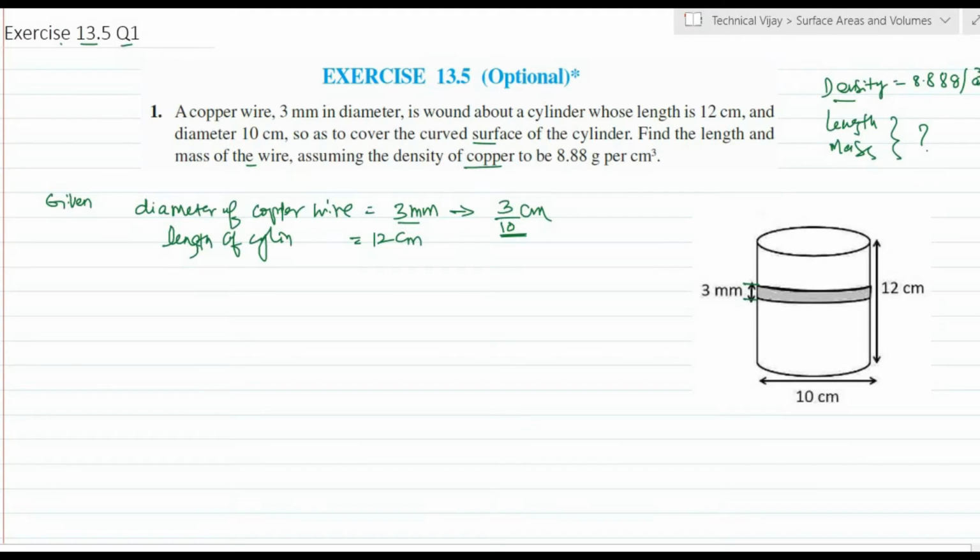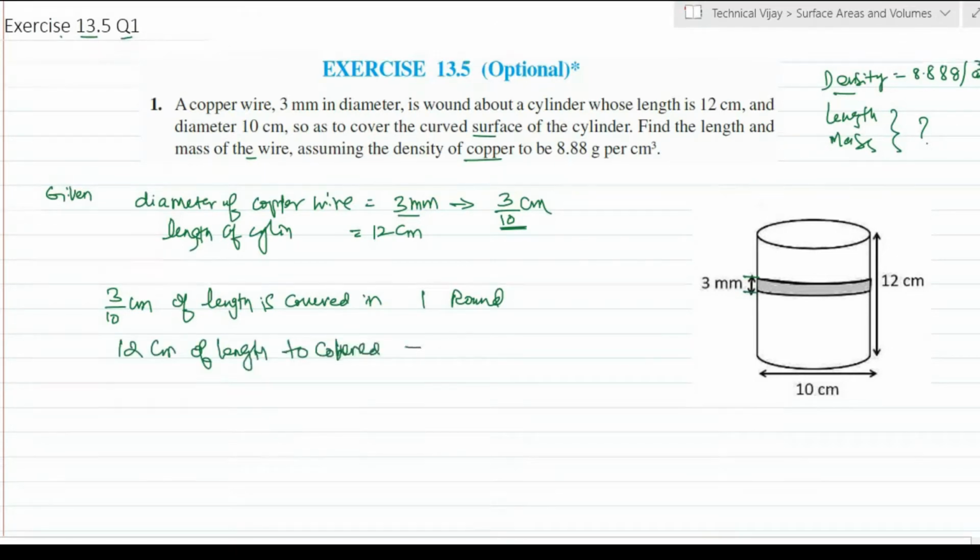So how many rounds are to be wound to cover this 12 centimeter? That we have to calculate first. 3 by 10 centimeter of length is covered in one round. So for a 12 centimeter length to be covered, how many rounds?